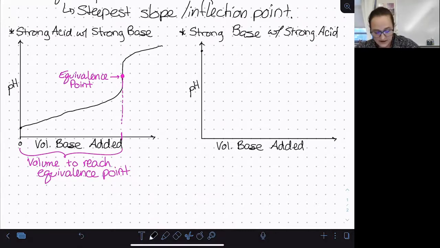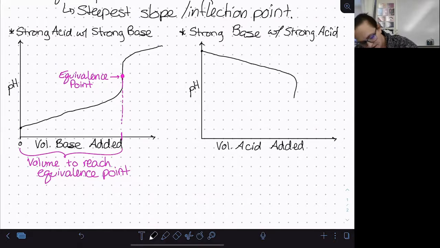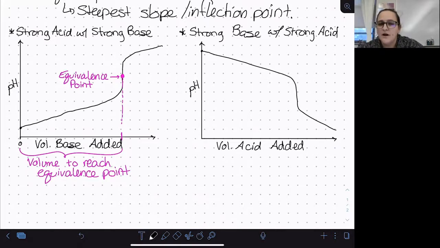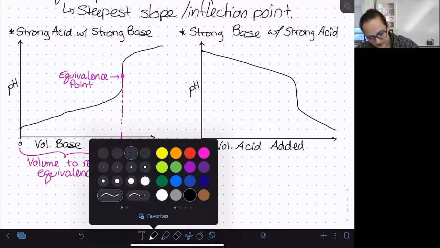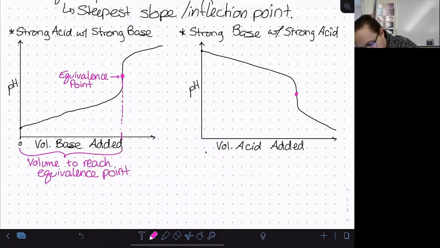And as we're adding an acid into it, we would expect to see the pH decrease more or less linearly until it sharply drops near our equivalence point. So we can see we just kind of flipped that first graph upside down. So our equivalence point would be right about in here.